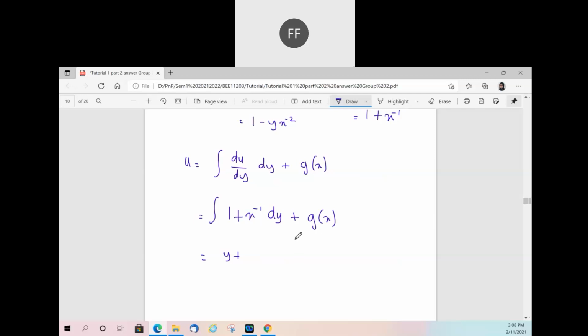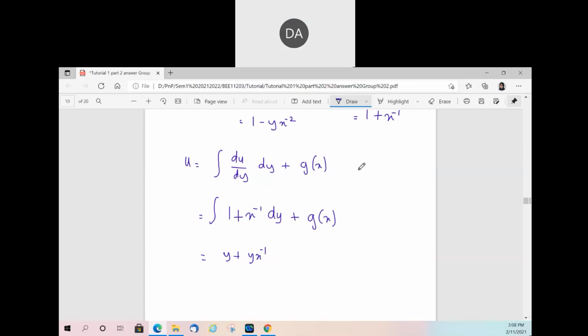Kosong. Tak pening, senang je ni. Do you see any y here? No, kosong. So this one consider constant here. You integrate constant, you'll get x negative 1 times y.